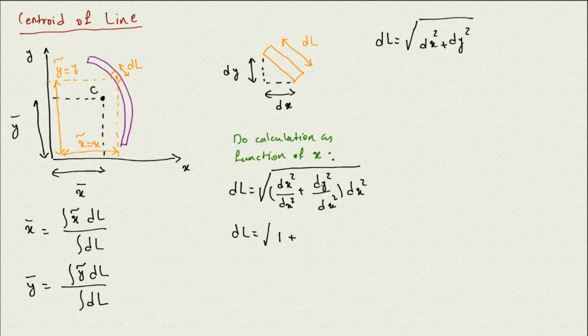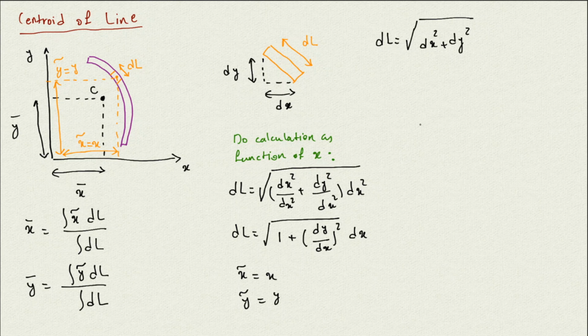And here I have dy squared over dx squared, and look at that, it's not the second derivative, it's just dy to the power of 2 and dx to the power of 2, so I can write it as dy over dx to the power of 2, and then take these out, it's going to be dx. So it's going to be as a function of x. And again, the centroid for the element, I can also find as that.